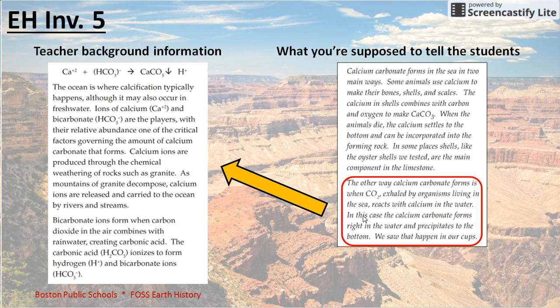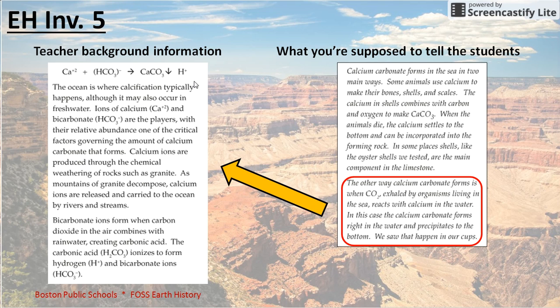So I omit this part entirely because I feel it's disingenuous to tell students this story about fishes respiring in the water and that makes limestone. And instead, I just tell them a watered down version of this, talk a little bit about the chemistry.